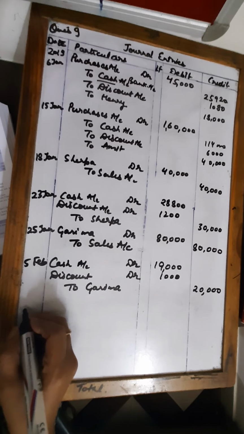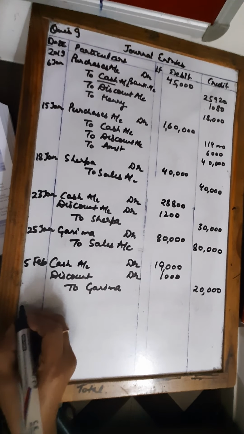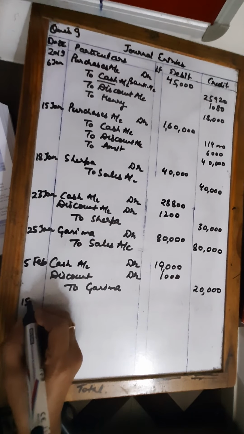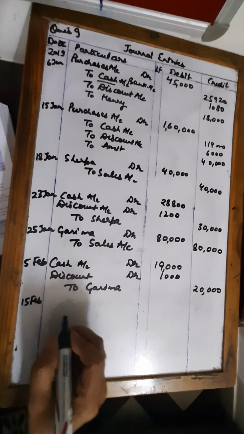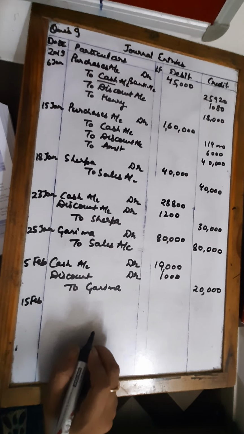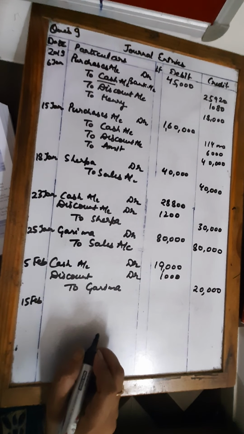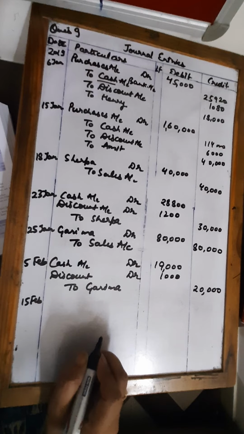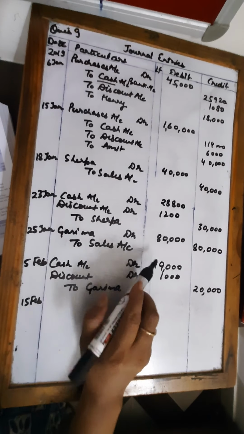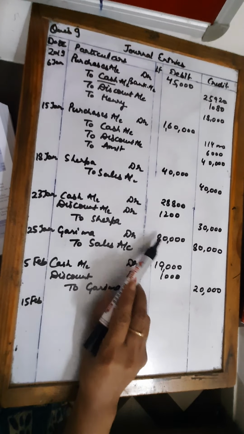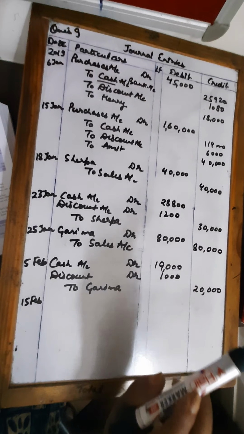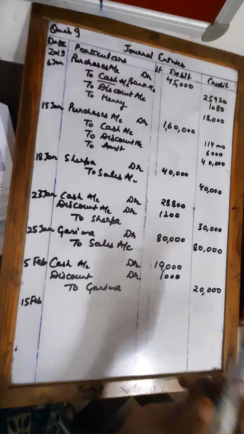And 60% of the remainder on February 15th in cash. The remainder amount she is paying on 15th February, and she is not paying the full amount. 60% of the remainder she is paying. So first you find out the remainder amount. 80,000 minus 20,000, 60,000 is left.